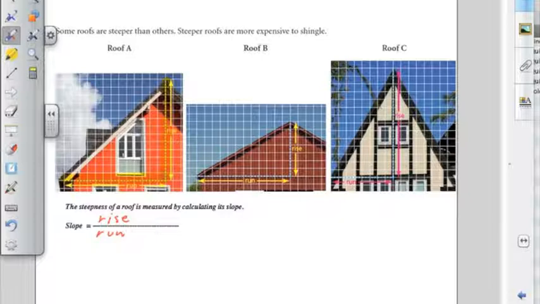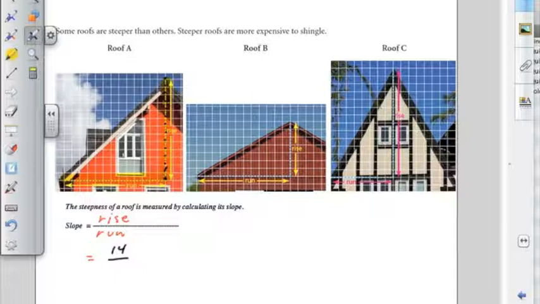If we wanted to calculate the slope of roof A, since they've provided us with a nice little grid, all we would have to do is count how many lines the rise covers. 1, 2, 3, 4, 5, 6, 7, 8, 9, 10, 11, 12, 13, 14. So the rise is 14.